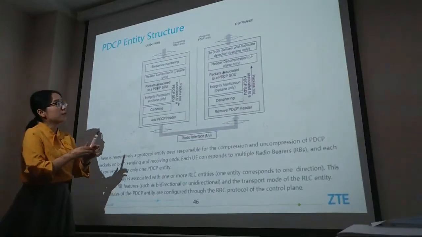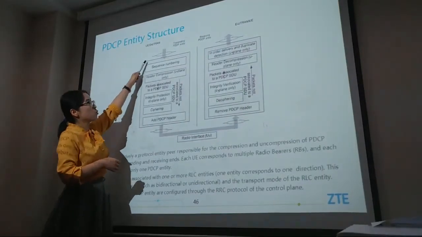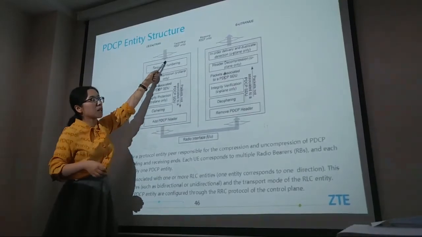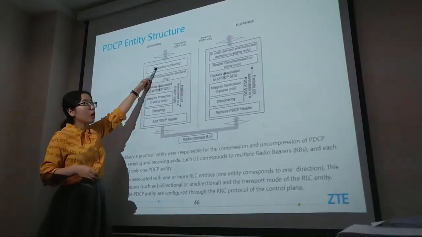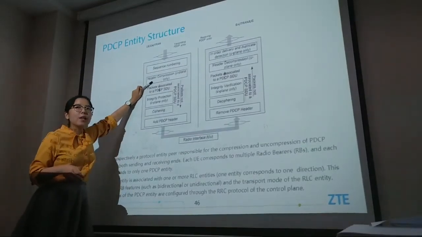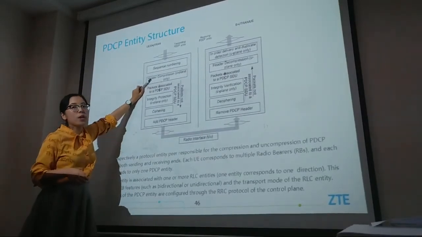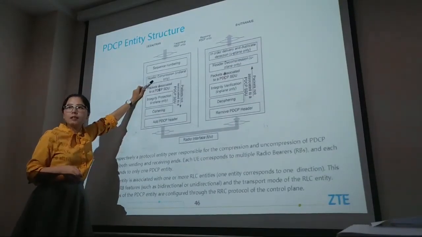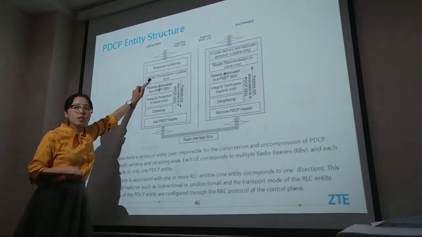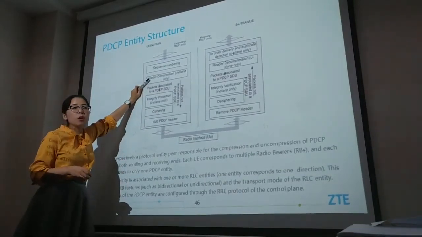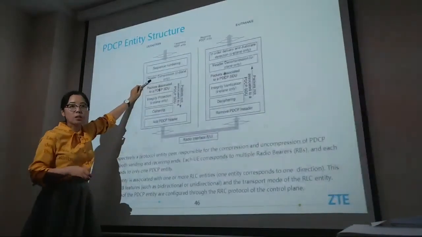So this is the process, the entity procedure. If data arrives at the PDCP layer, it is first given a sequence number. After that, if it's user data and you open this switch, it will perform header compression. You can open it and you also can close it. If you close it, it will not perform header compression.